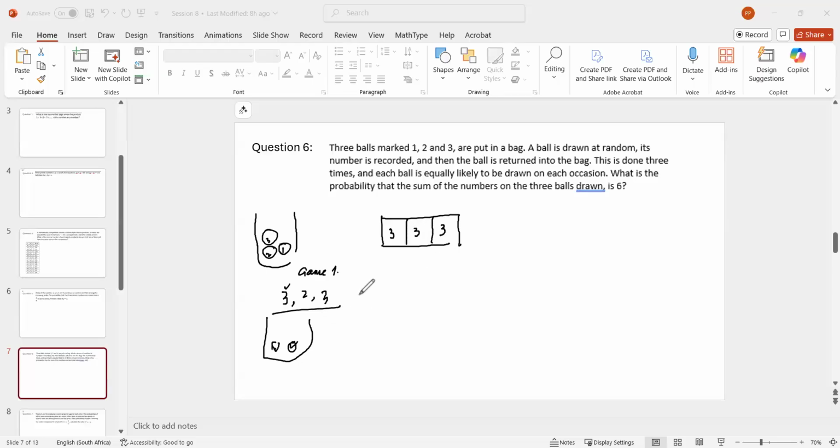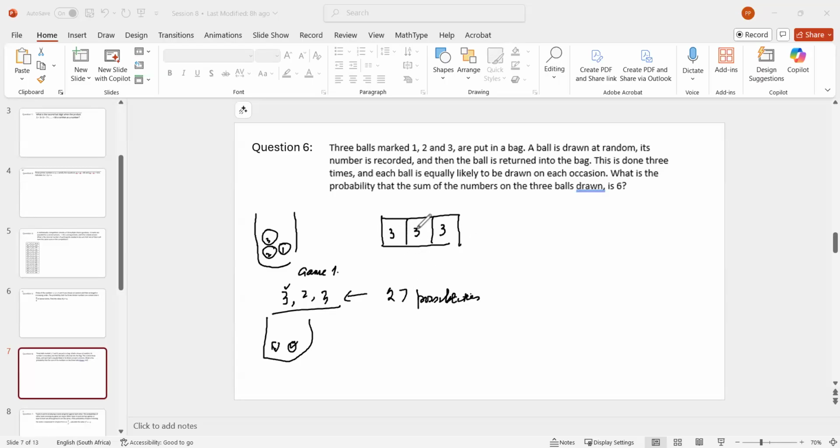So therefore, in any particular game, you've got 27 possibilities. And if you write down a whole lot of them, you'll get 111, 222, 333, 112, 131, and so on. You can write down 27 different possibilities.